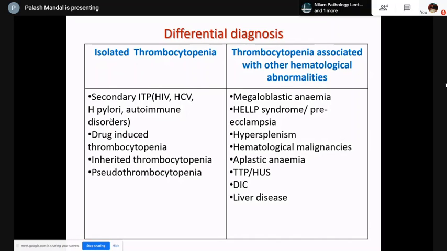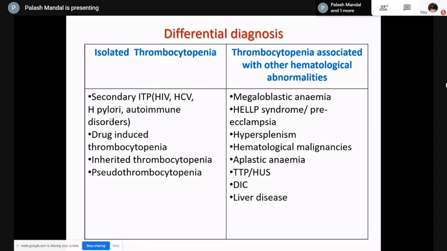There can be secondary causes of ITP like HIV infection, HCV infection, etc. There can be drug induced, there can be inherited. So we have to find out and eventually home in on the diagnosis of thrombocytopenia before terming it as ITP, because ITP is immune mediated and most of the times we actually do not have a proper cause associated.